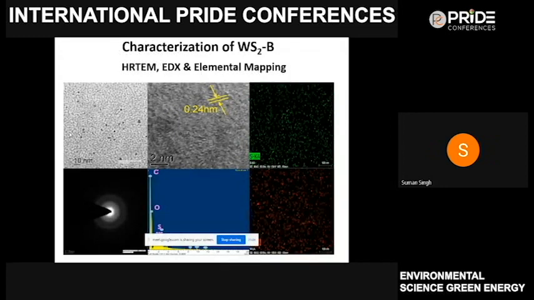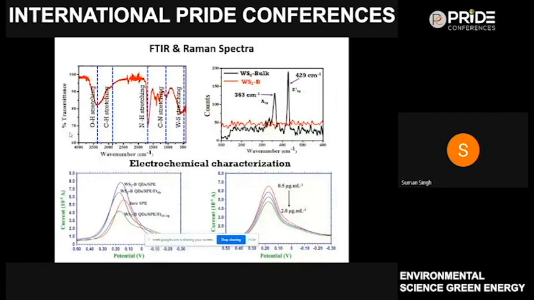We showed the presence of all elements: sulfur, tungsten, oxygen, carbon. FTIR also showed the presence of C-S stretchings and N-S stretchings. These stretchings again help in providing binding efficiency for antibodies.